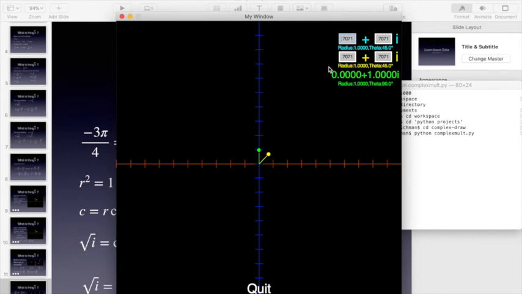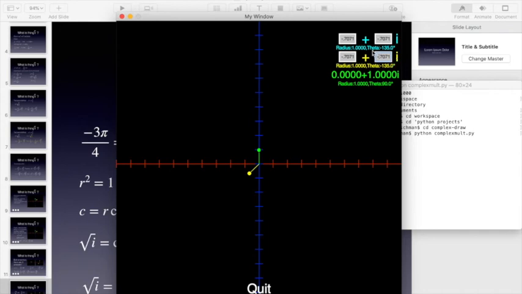Now suppose we do the negatives. Negative square root of 2 over 2, negative square root of 2 over 2 plus negative square root of 2 over 2i times negative square root of 2 over 2 plus negative square root of 2 over 2i, and we'll click and it'll plot that for us. And again, same thing. There's our negative square root of 2 over 2. Of course, the blue angle is underneath the yellow angle since they're exactly the same point.